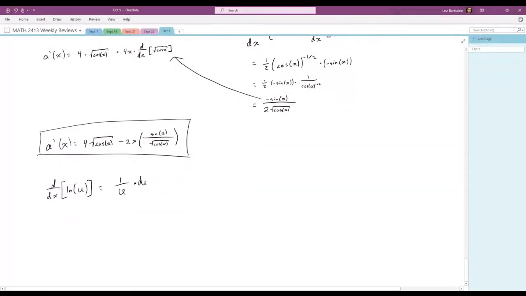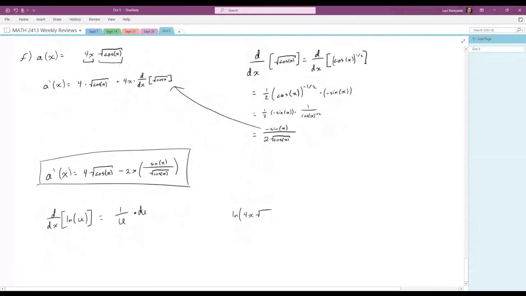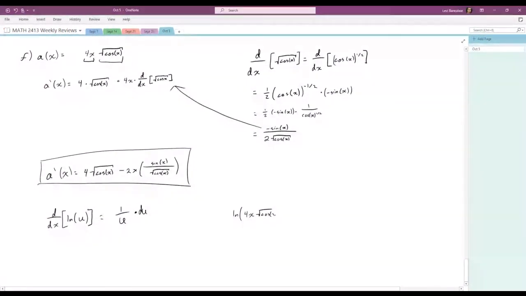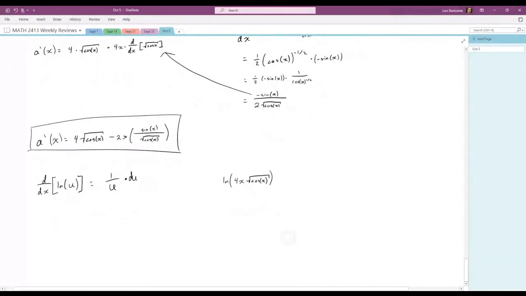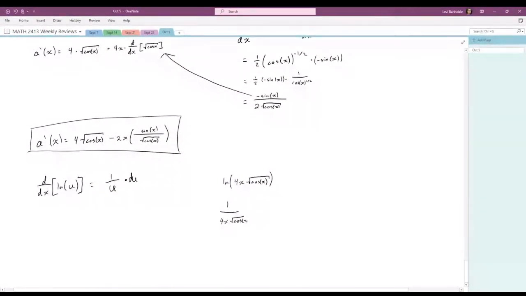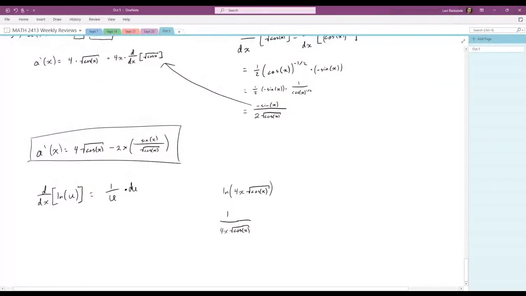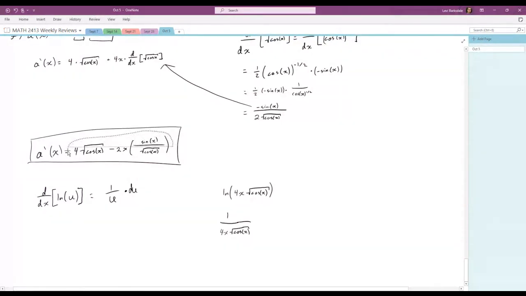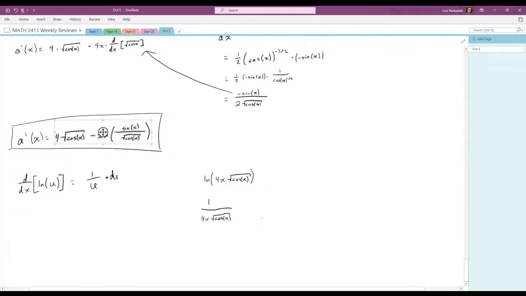So if we wanted to take the derivative of the natural log of 4x square root cosine of x, well, the derivative would be 1 over 4x root cosine of x. So the exact same inside. And then all we would do is, using modern marvels of technology, multiply by all this. The derivative of 4x times square root cosine of x.